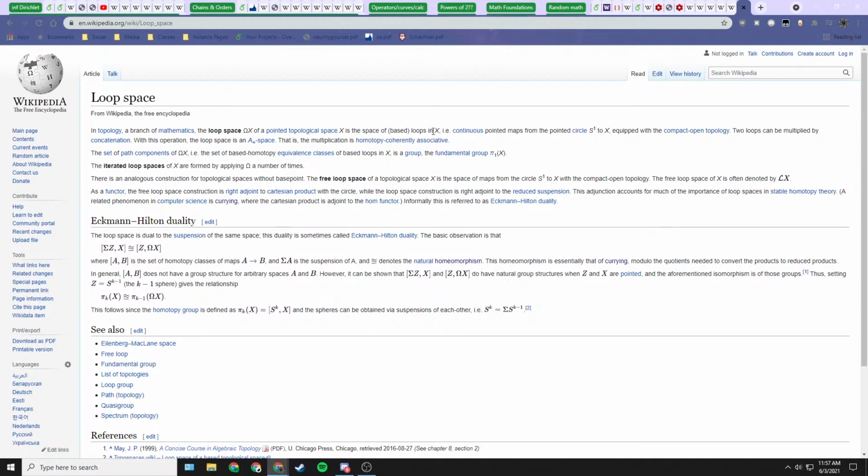Space of based loops in X. Two loops can be multiplied by concatenation operation, A infinity space. Free loop space is a topological space, the space of maps from the circle with compact open topology. Free loop space denoted by LX as a function of free loop space is right join blah blah blah.